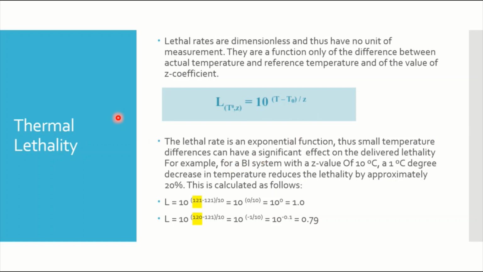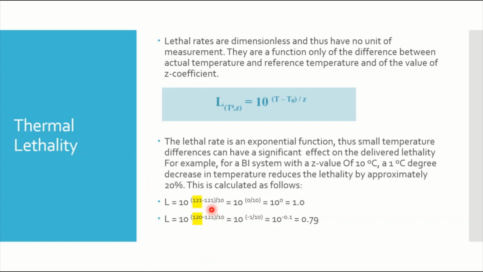The lethal rate is an exponential function. Small temperature variations can have a significant effect on the delivered lethality. For example, if we consider the Z value is 10 degrees, a 1 degree decrease in the temperature can reduce your lethality by up to 20%. How? Let's see the calculations.